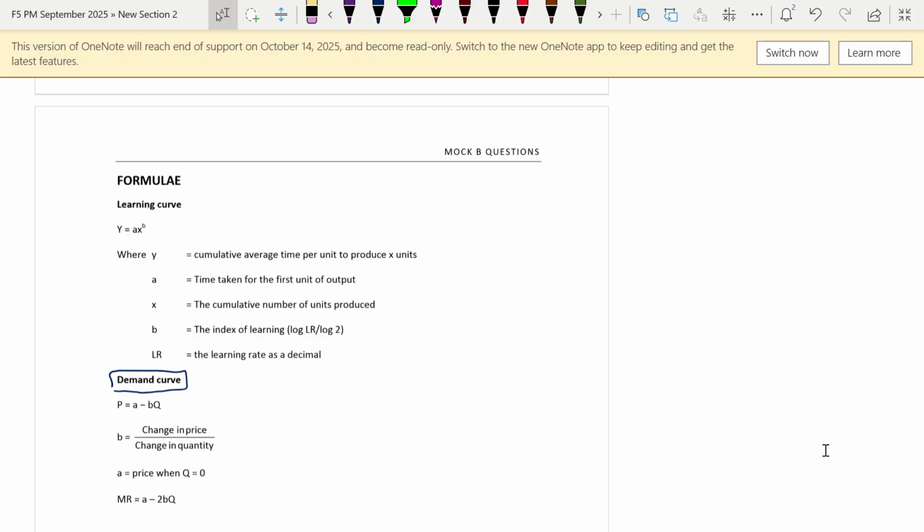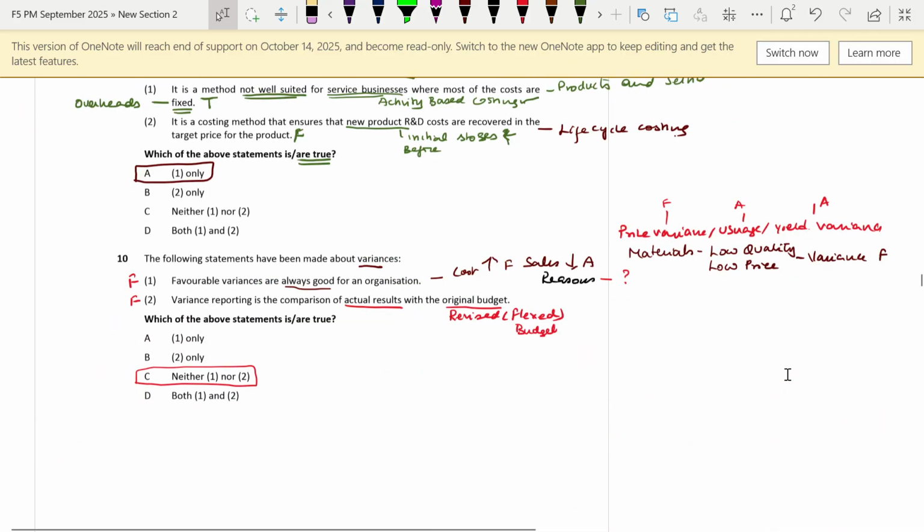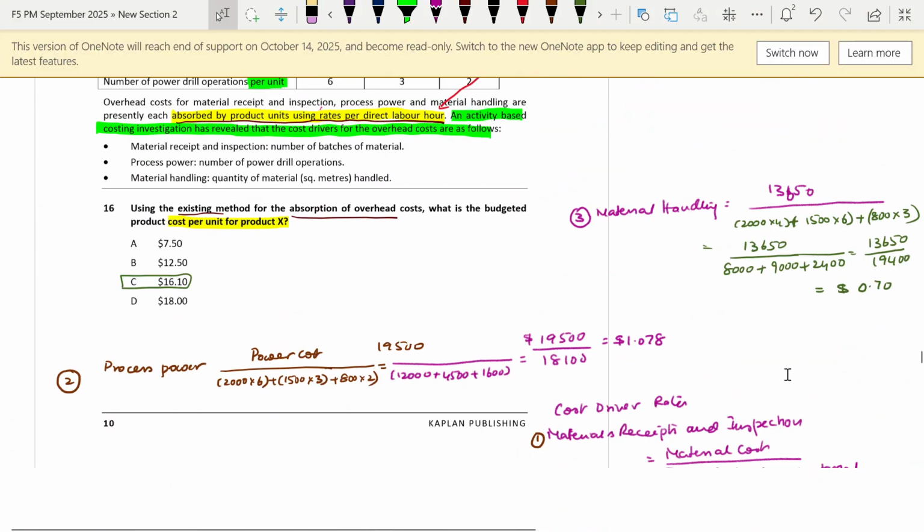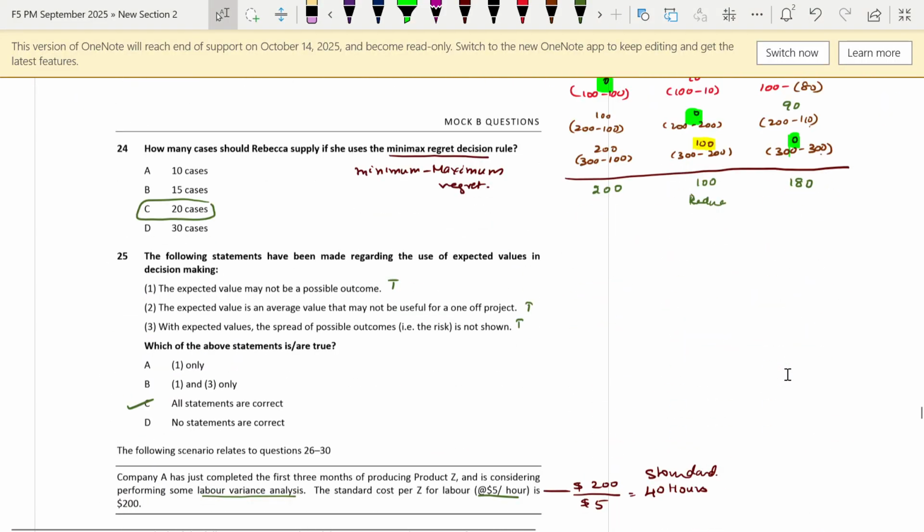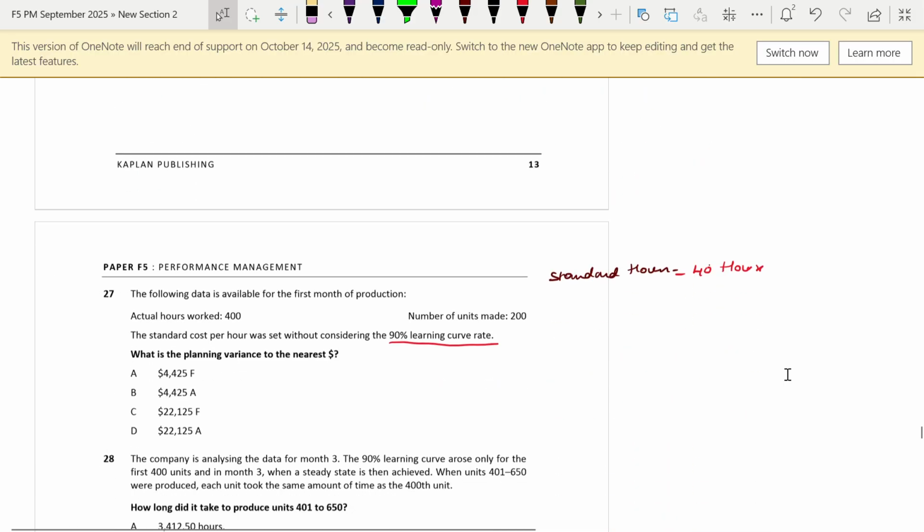Y equals AX, 40. The learning rate is log 90 divided by log 2. How much will you get?